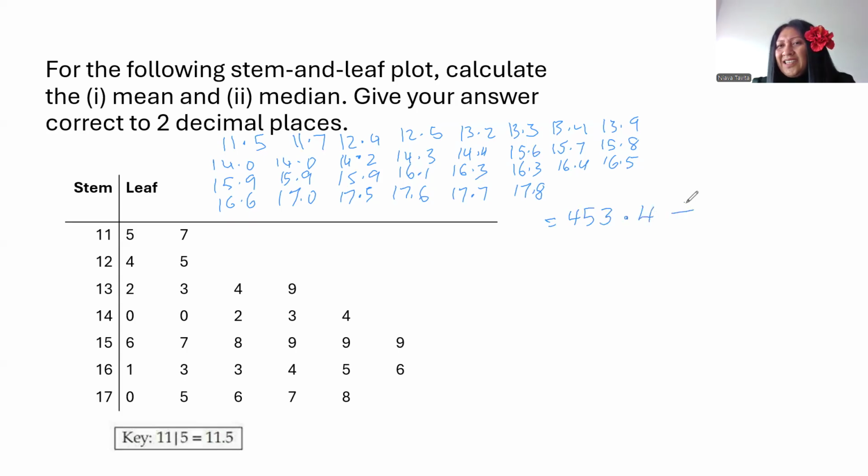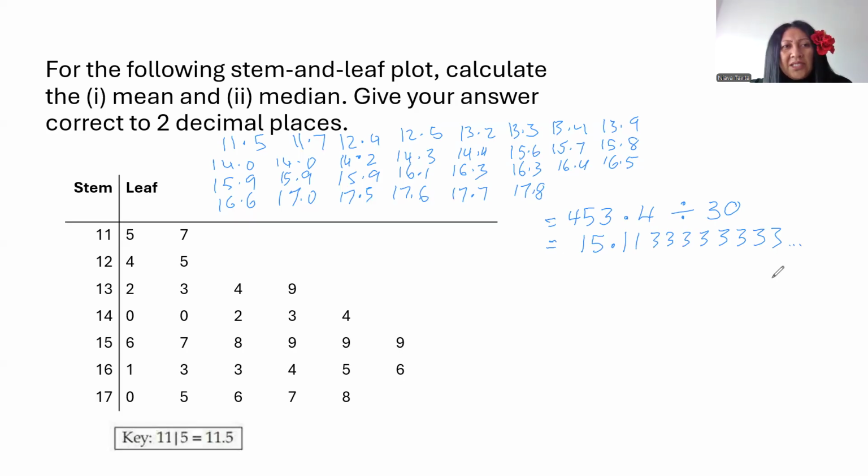And then you would divide it by 30 because there are 30 data points. And this gives 15.11333333, and it looks like that this 3 gets repeated.